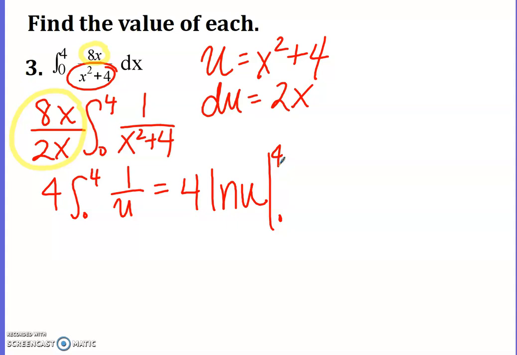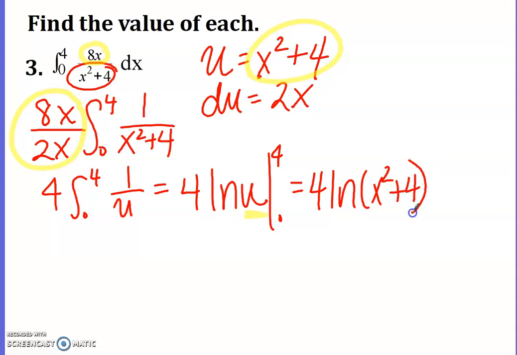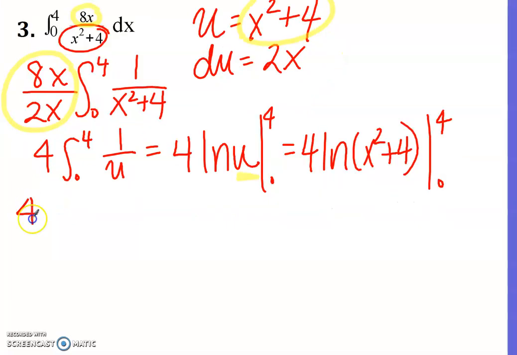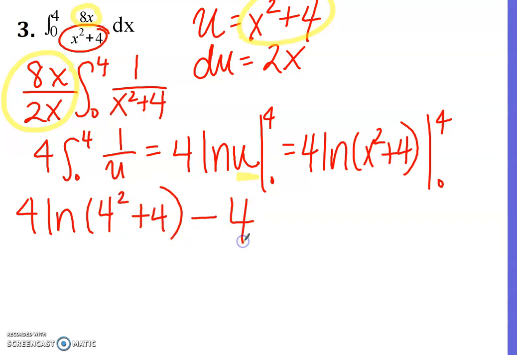Then I'm going to sub back in x squared plus 4 for u. Okay, and let's evaluate this. I'm first going to plug in 4, minus, and I'm plugging in 0.